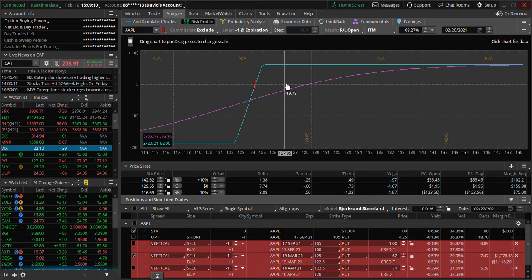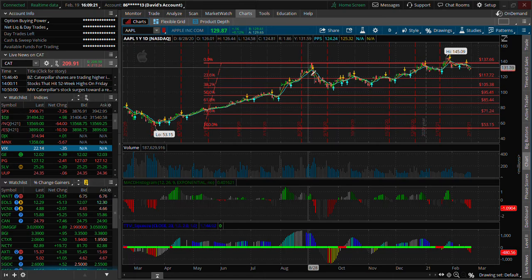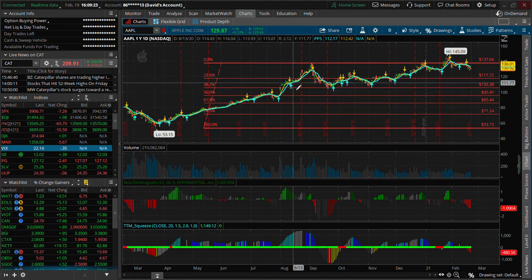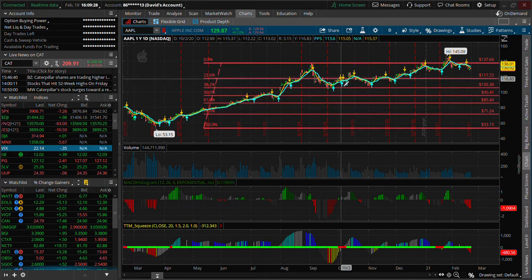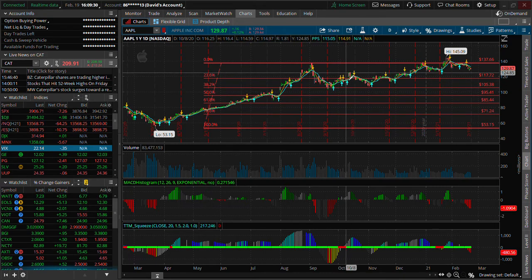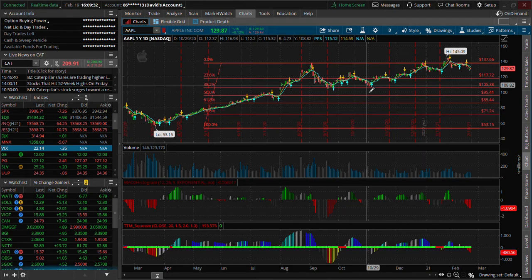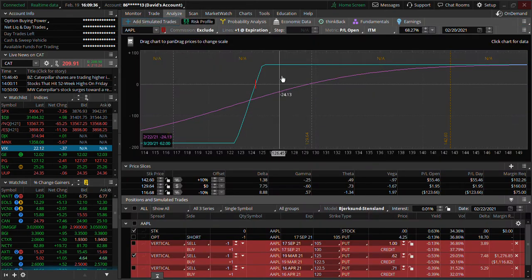I can pretty much guarantee that, because this is not a consistent way to make money, in my opinion, because you just have to look at the chart. Look, 96 to 135, down here to 100, up here to 124, down here to 108, and so on. So $5 moves are very common in a stock like Apple.